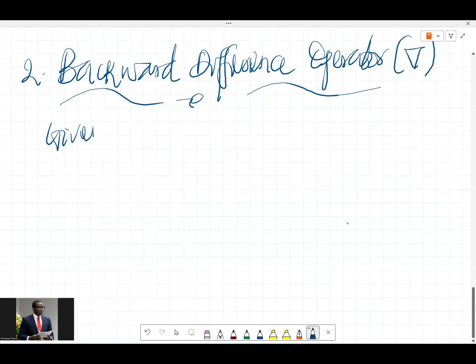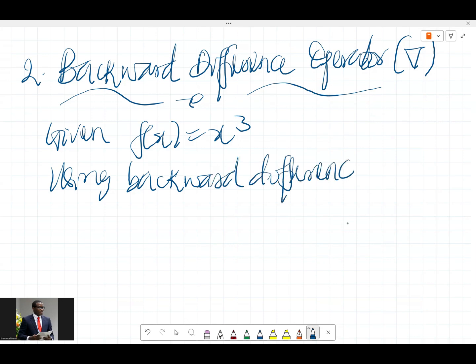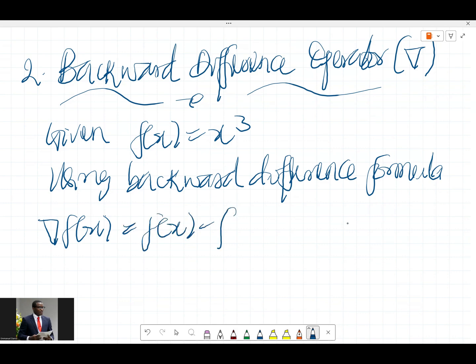Given f of x equals x cubed, using the backward difference formula, we have nabla f of x equals f of x minus f of x minus h.